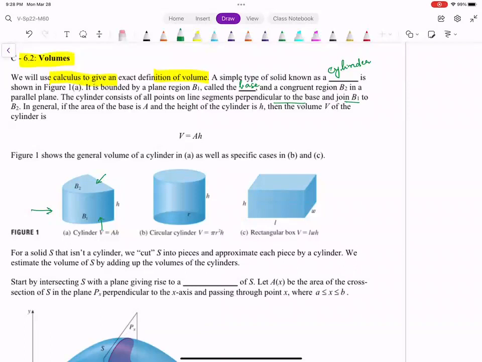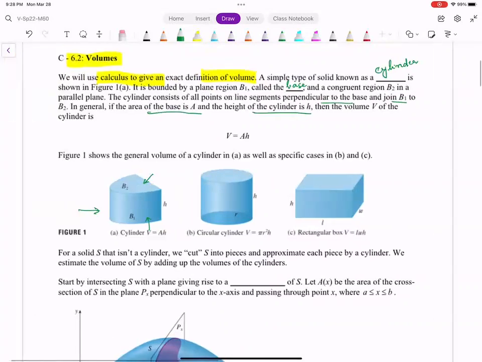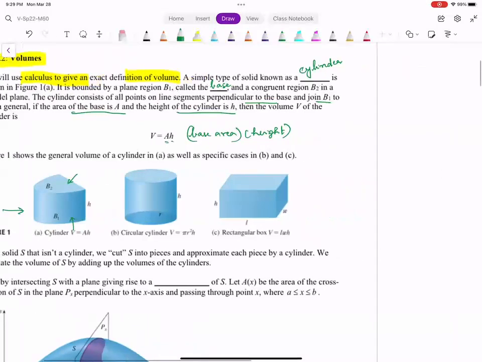In general, if the area of the base is A, and the height of the cylinder is h, the volume of the cylinder is base area multiplied by height. This is in fact true even if you consider a rectangular box.